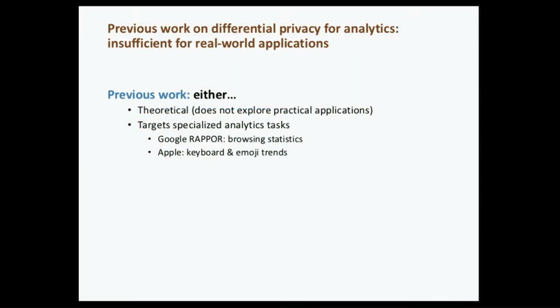So we looked at what was out there already, and this is in fact what Uber did also before they started talking to us. They said, is there something out there we can already use, right? And there's been a lot of theoretical work. There's been very successful deployments of differential privacy, targeted at specific tasks, right? And so for an organization like Uber, they looked at this and said, that's not really going to work in our case.